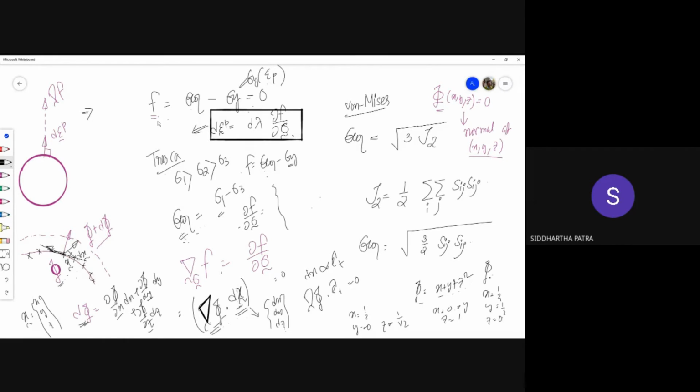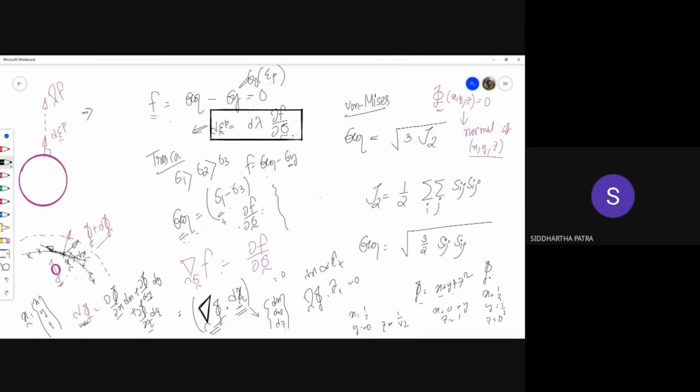So when you take the partial derivative of f with respect to sigma, you essentially take the derivative of sigma equivalent. Now, what is the derivative of sigma equivalent when represented in the Tresca criteria? This is the expression for sigma equivalent: sigma 1 minus sigma 3.